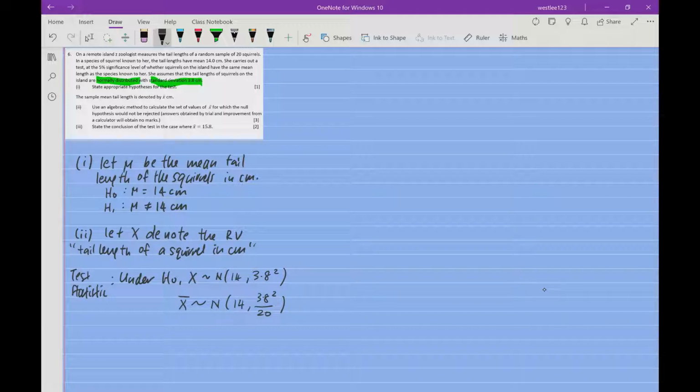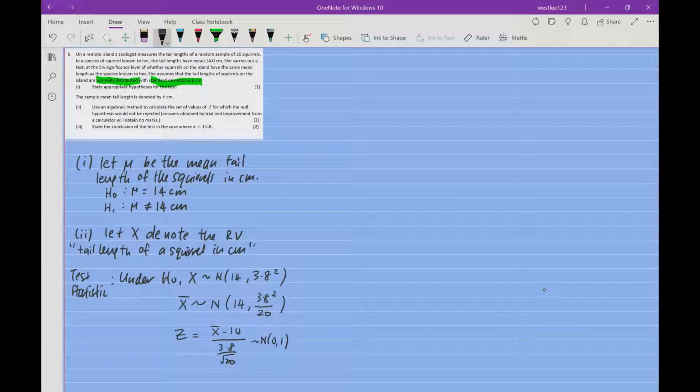It's not large; large means 30 or more. But it is not an issue because we know that the population is normally distributed, so there is no need for us to use CLT. All right. Then for those of you who want to standardize, you write it this way. Okay, so this is our test statistic.